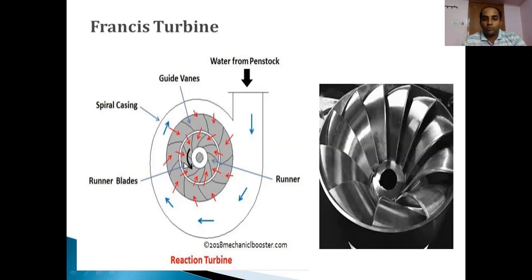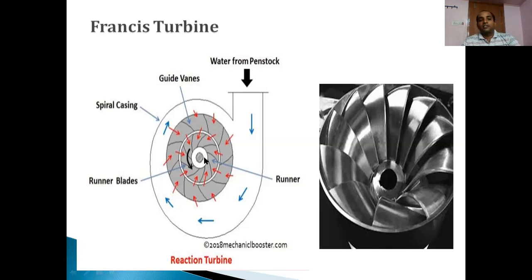That is, both impulse and reaction forces are developed, which causes these runner blades to rotate, which are mounted on the center shaft, causing the shaft to rotate, and useful energy is developed. After developing the work, this water moves out axially, it is discharged axially through this center shaft into the draft tube.